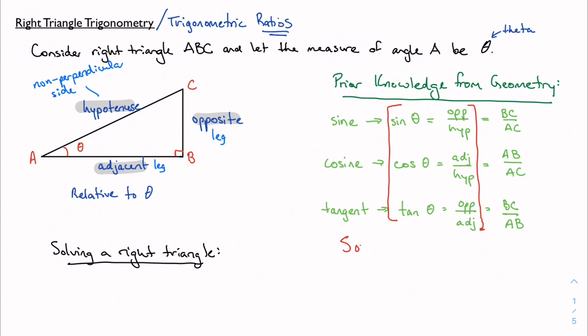You might remember the mnemonic SOHCAHTOA for sine opposite hypotenuse, cosine adjacent hypotenuse, tangent opposite adjacent. SOHCAHTOA. It's important to note that this is all only right now for right triangles. We'll learn later on how to adapt to a non-right triangle, but for now we can really only use this with right triangles.